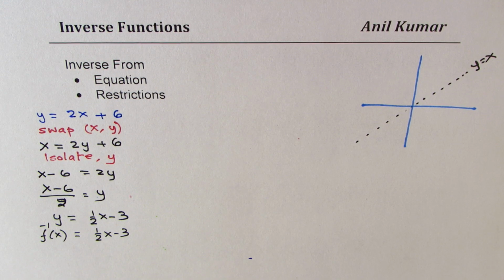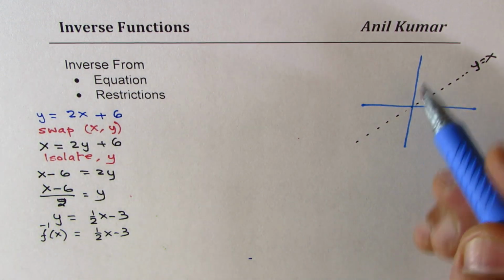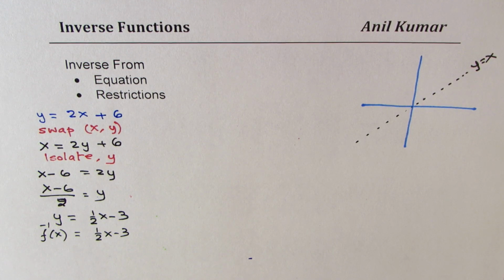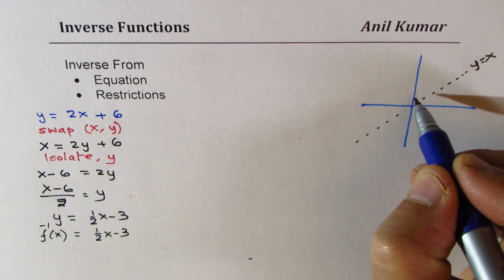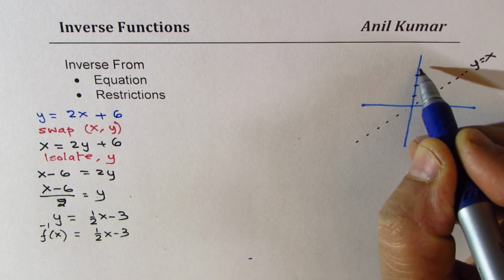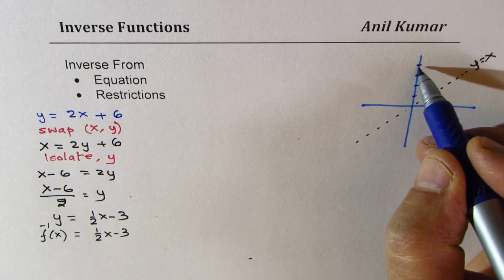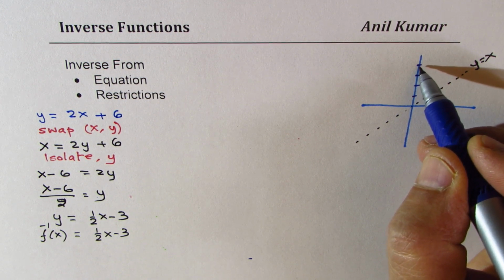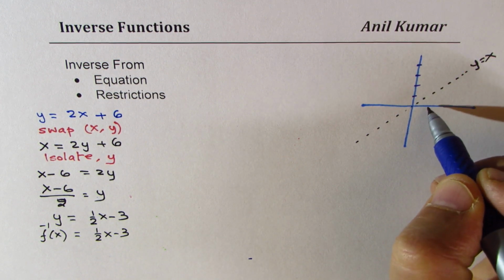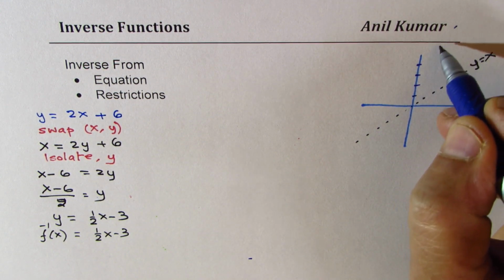So let us make an approximate sketch. y equals 2x plus 6 means that the line has got, let's say this is 2 for us, 4, 6, 8. So from 2, the line is rising up. Let's say this is, okay. So let me just make a graph which is kind of like this.